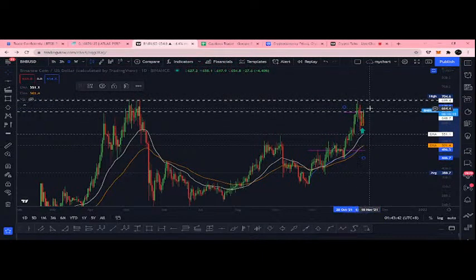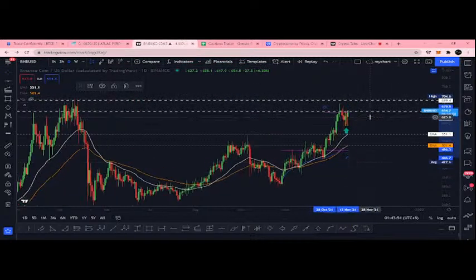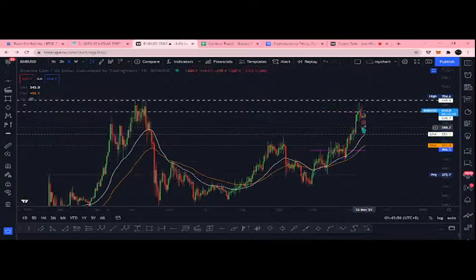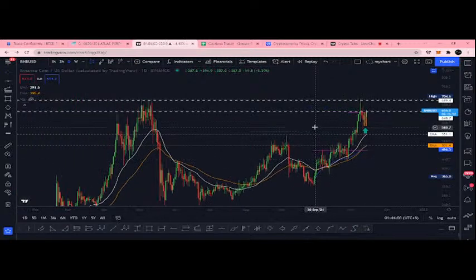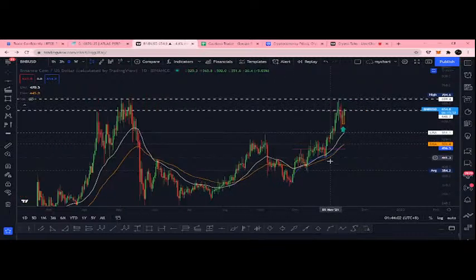So yeah, I want a solid body here or a solid breakout from here. Basta 700 ang tinitignan ko kasi.